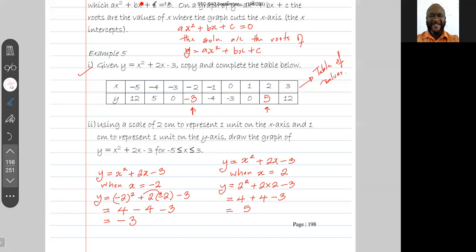In other words, by stating this, the examiner is telling you the domain, the range of values of x over which your graph is going to be drawn. So your graph is going to be drawn from x is equal to minus 5 to x is equal to positive 3.